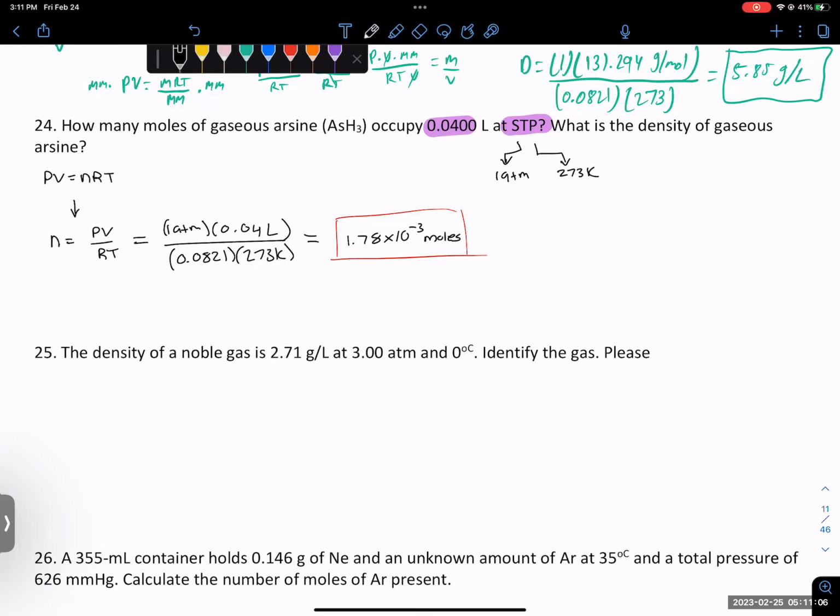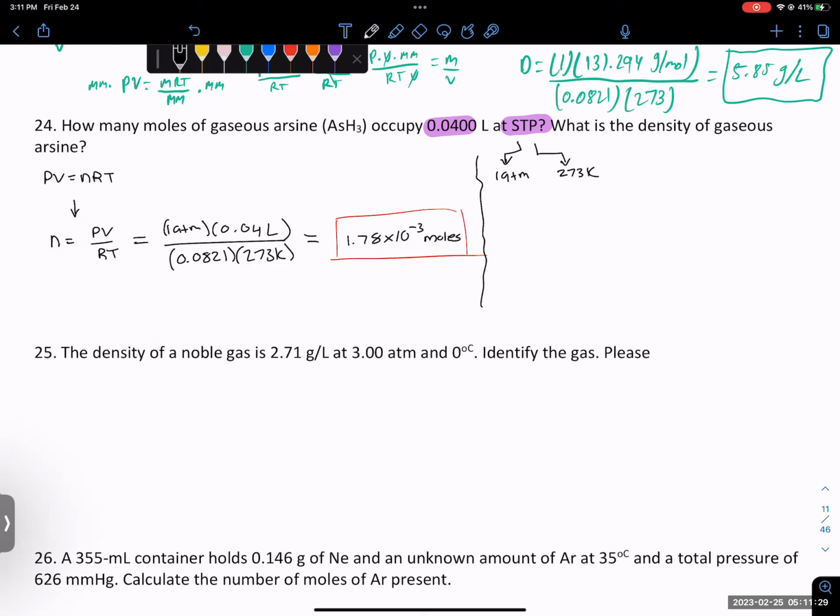Well, we already used V. For density, it is P times molar mass over RT, yeah, you were close though. You got the numerator. Or PMRT, if you wanna remember that. Yes, pressure times molar mass per RT.